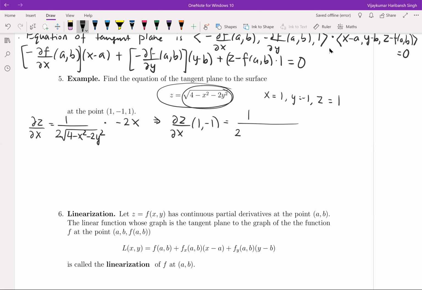So this computation is already done for you here, so you don't have to substitute it, but if you wish, you can. Let me just write it down anyway. So 4 minus 1 square minus 2 times minus 1 square multiplied by minus 2x. And this will give us minus 2 times, our x is also 1.